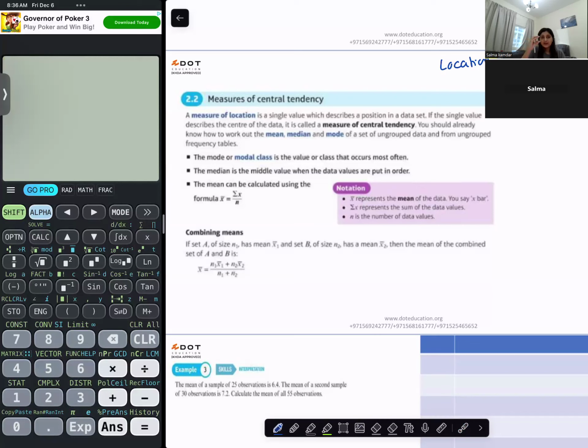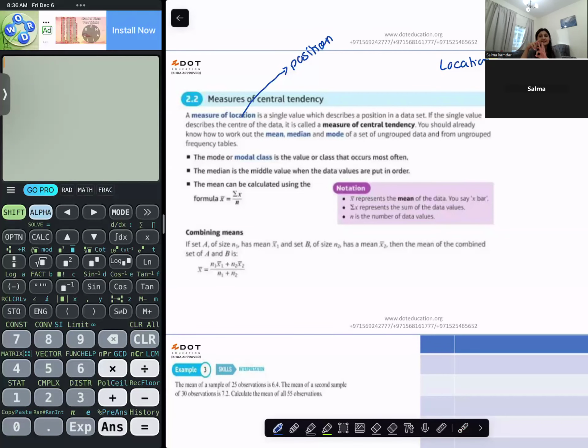There are three measures of location, which are called the measures of central tendency: mean, median, and mode.